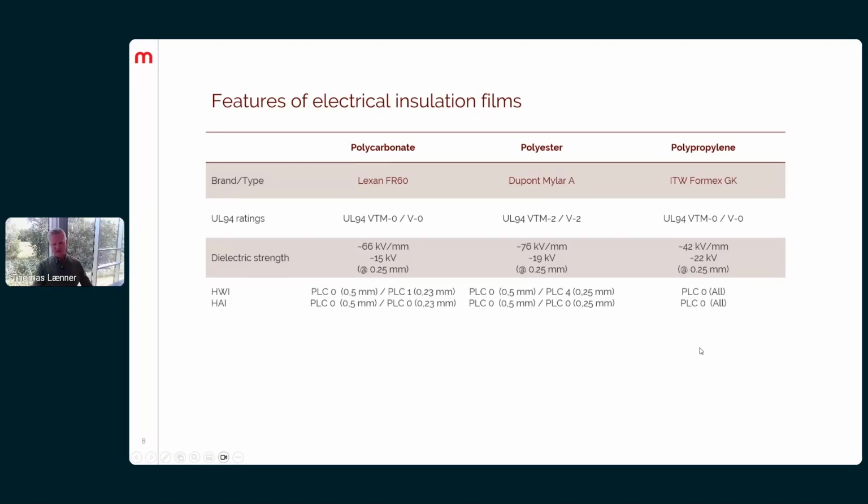And going even further into these electrical requirements, we can also look at the hot wire ignition and the high amp arc ignition, which is what these stand for. These values are stated as a PLC, which is a performance level category.